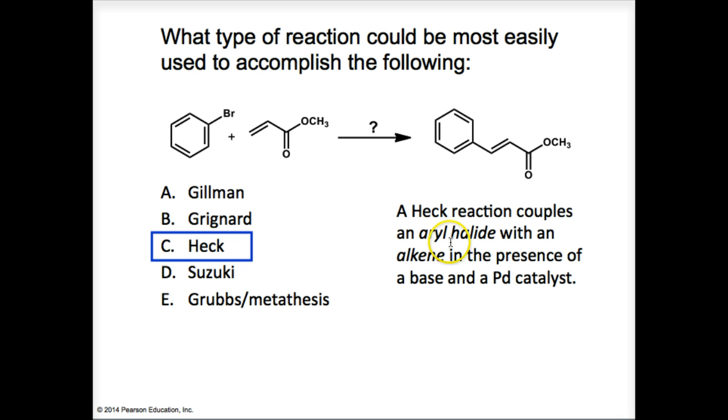So a Heck reaction couples an aryl halide with an alkene in the presence of a base and a palladium catalyst. Of course, we've got the halide, the aryl halide, and the alkene. The R group of the halide replaces a vinylic hydrogen of an alkene. Of course, this is the R group, and this is the vinylic carbon with the vinylic hydrogens.